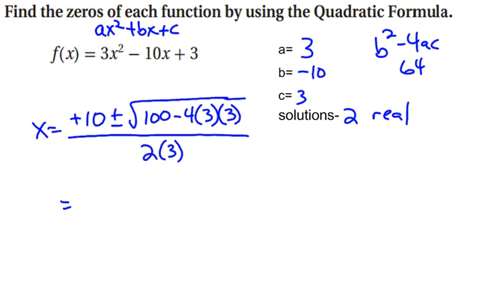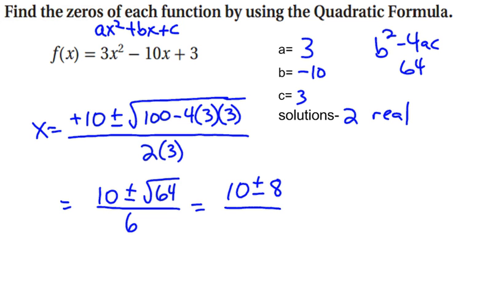So as we start simplifying this, we get 10 plus or minus the square root of 64, as we just talked about, over 2 times 3 is 6. Simplify this even more. 10 plus or minus 8 over 6, which gives us two things. It gives us 10 plus 8 over 6, and or 10 minus 8 over 6.